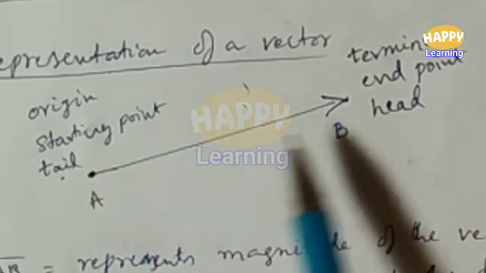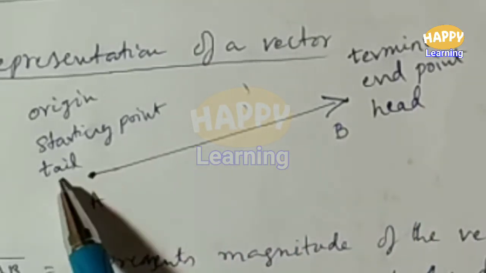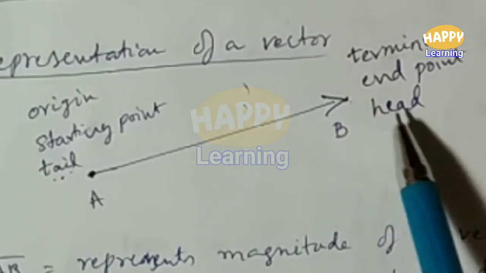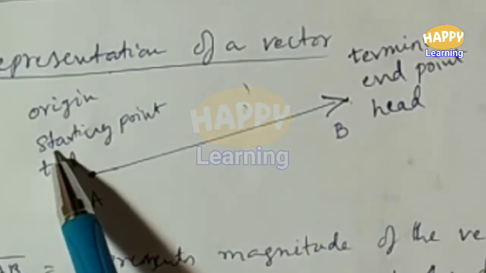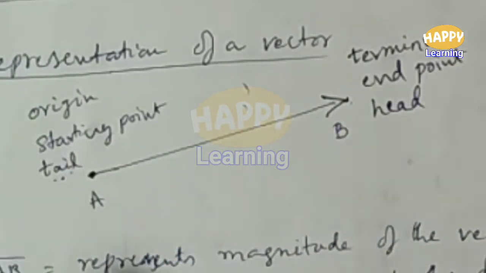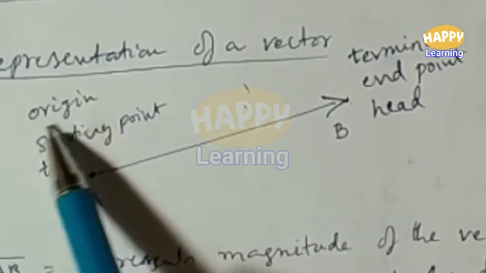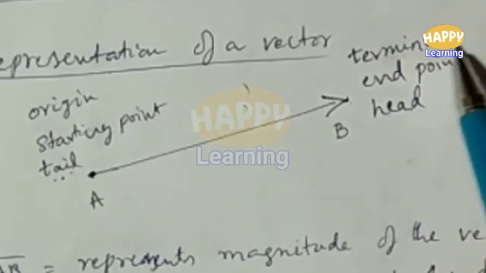Tail and head are used as a pair. Starting point and end point are used as a pair, and origin and terminus are used as a pair.